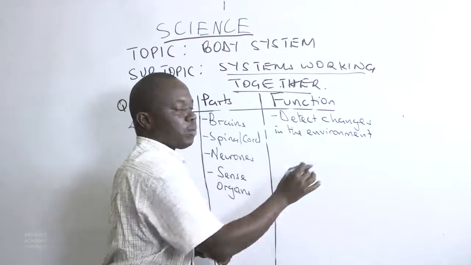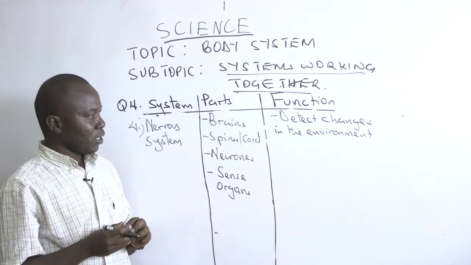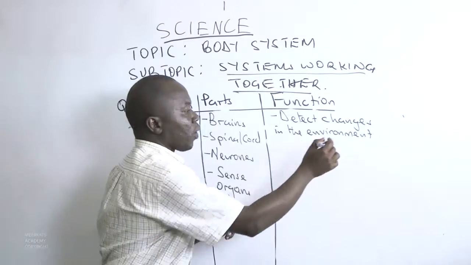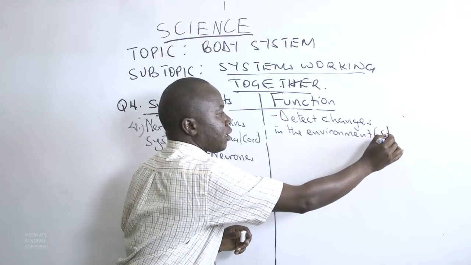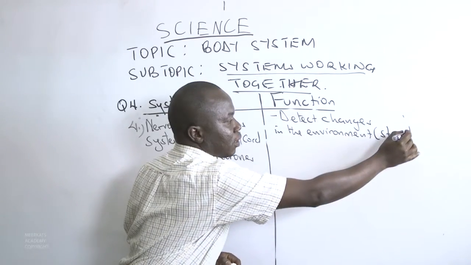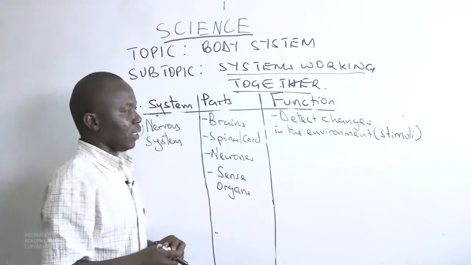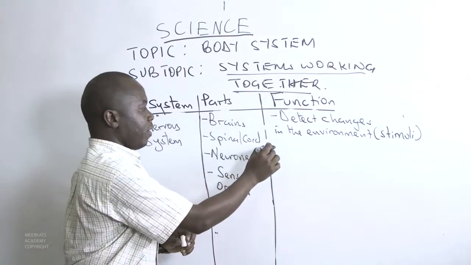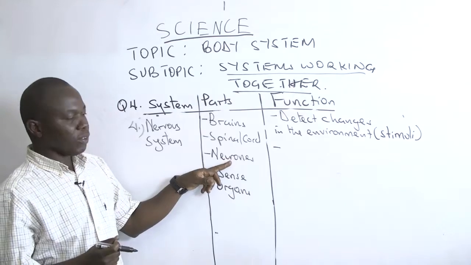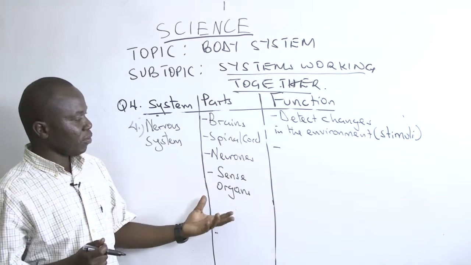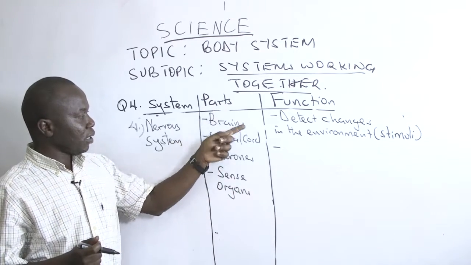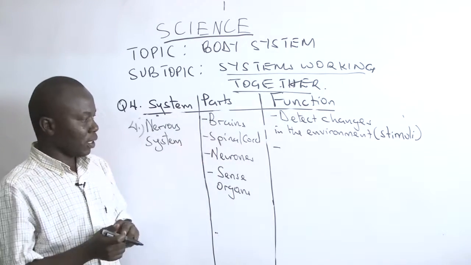This environment could be external or internal. That change in the environment, we call it a stimulus if it is one, stimuli if there are many. After detecting these changes, we are going to have neurons involved, so that now nerve impulses are sent to the central nervous system.